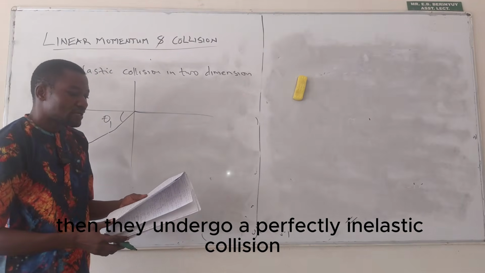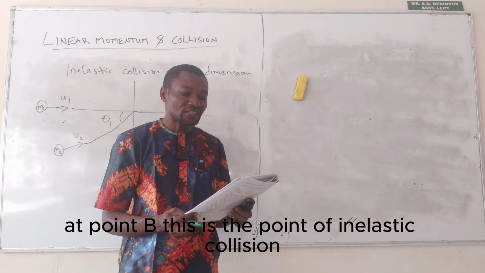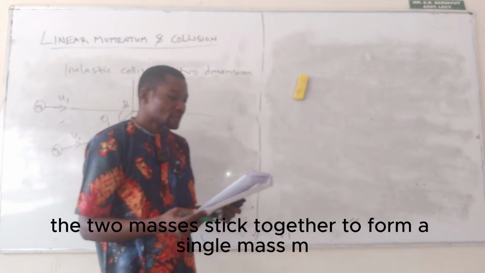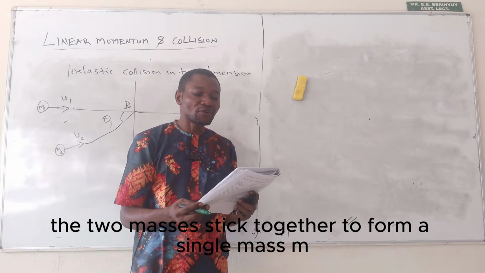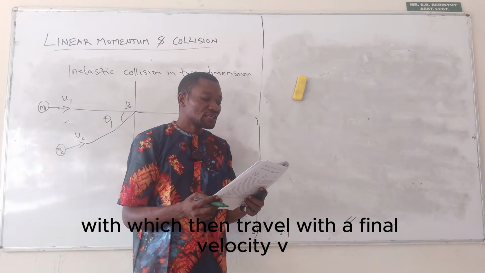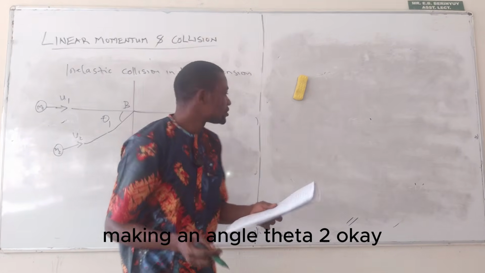Then they undergo a perfectly inelastic collision at point B. This is the point of inelastic collision. The two masses stick together to form a single mass, m, which then travel with a final velocity v, making an angle theta 2.